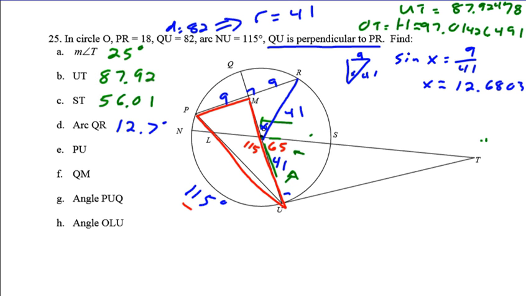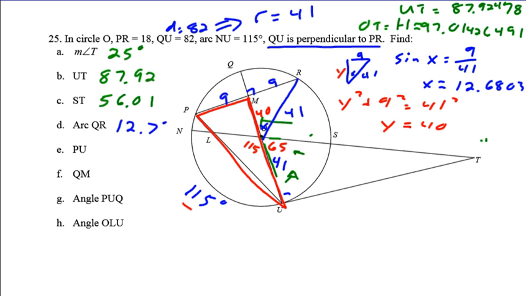We know this is 41. We're going to need to find this first, aren't we? So on this one, we're going to use the Pythagorean theorem. Let's call this y for a second. y squared plus 9 squared equals 41 squared. If you remember your Pythagorean triples or you solve it, you're going to get y equals 40.